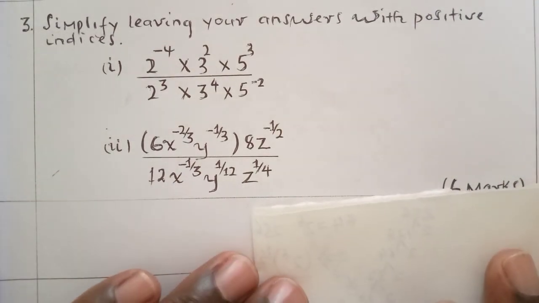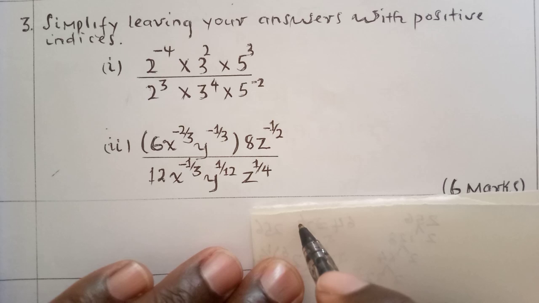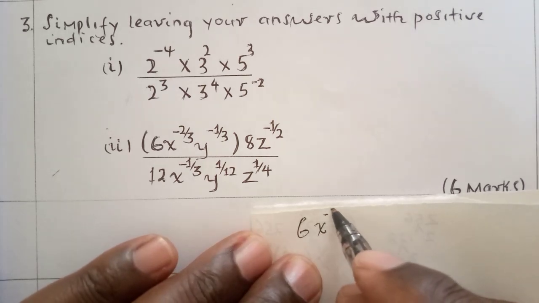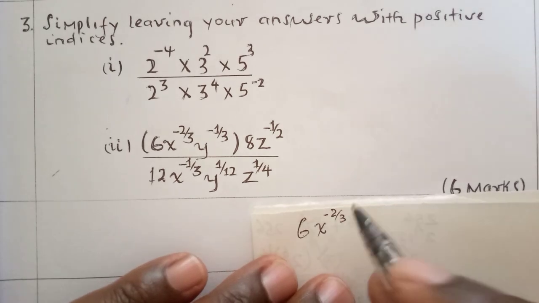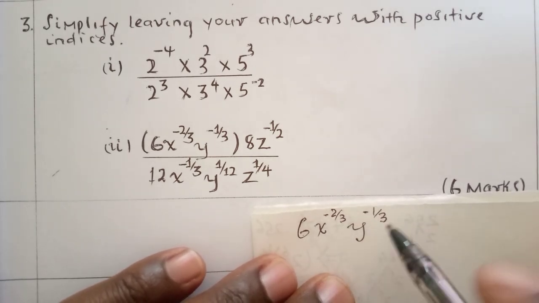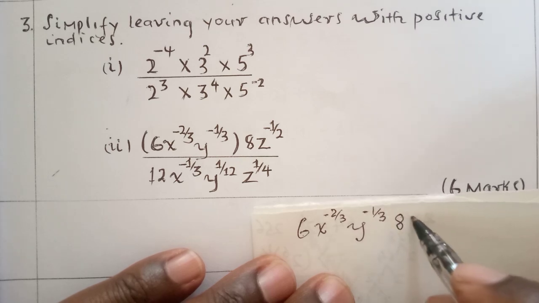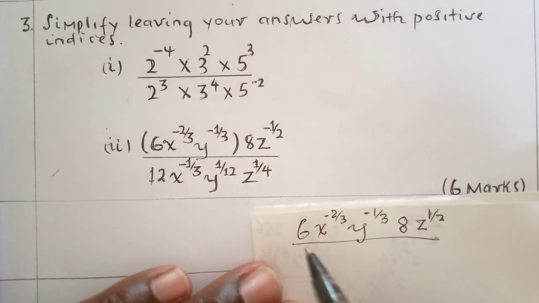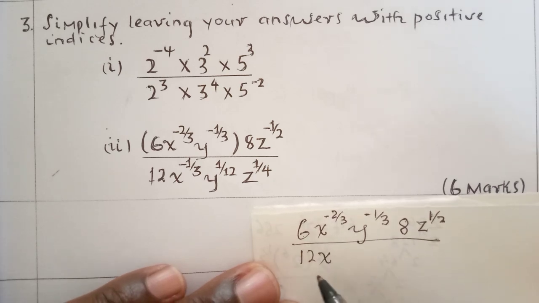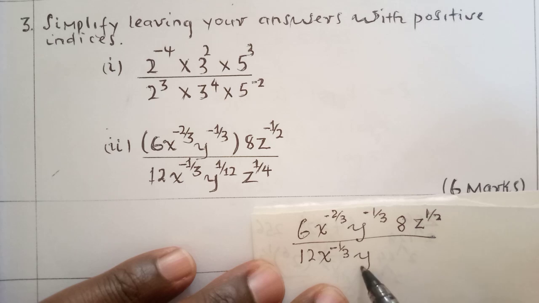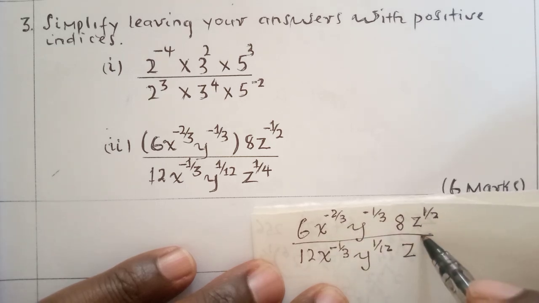We can write 6x to the negative 2 over 3, you multiply by y to the negative a third, and then you multiply by 8z to the half. This is supposed to give us 12x to the negative a third, y to the 1 over 12, and then z to the 1 over 4.